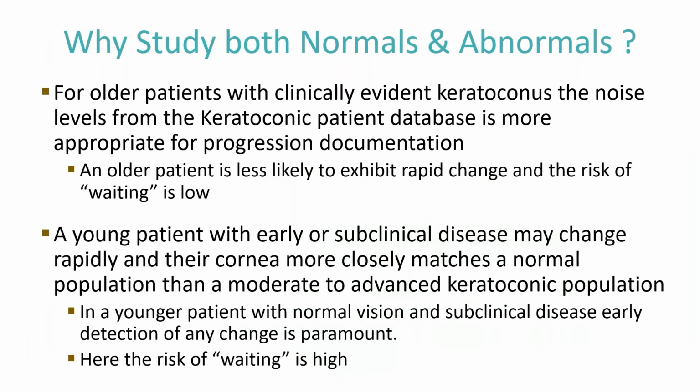But your more established patients with more advanced disease, those noise measurements will be closer aligned to the keratoconic database. In addition, your younger patients, pediatric patients, are known to have more rapidly progressive disease. And for those patients, we usually recommend using the, quote, green gates or the normal database, because that'll pick up change earlier.